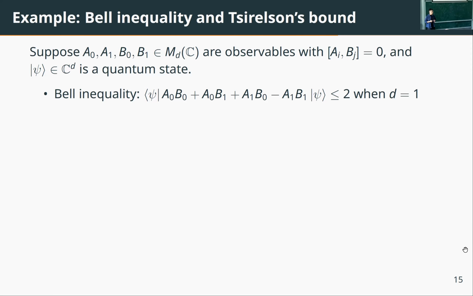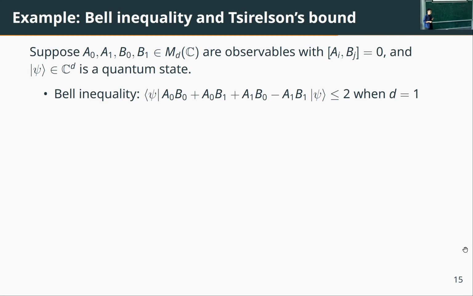And Bell's inequality tells us this expectation of A0B0 plus A0B1 plus A1B0 minus A1B1 on the state psi is always upper bounded by 2 when your observables are indeed classical random variables. So this is bounded by 2, even if Alice and Bob share some randomness. This is proved by Bell.